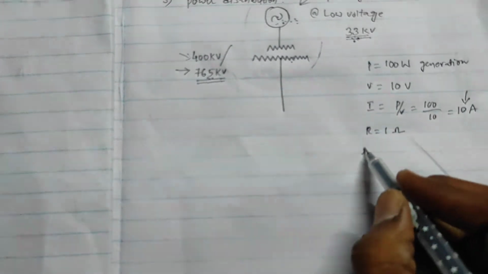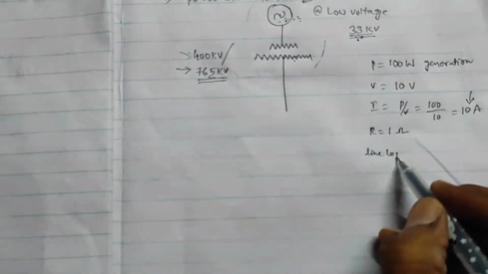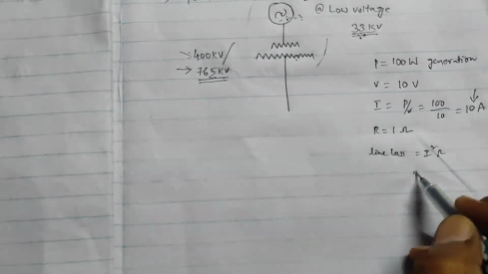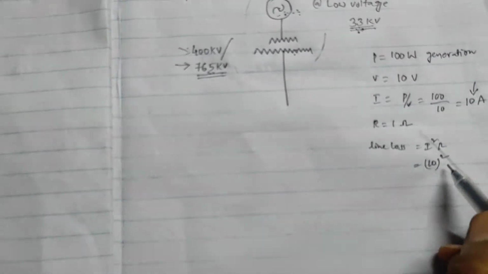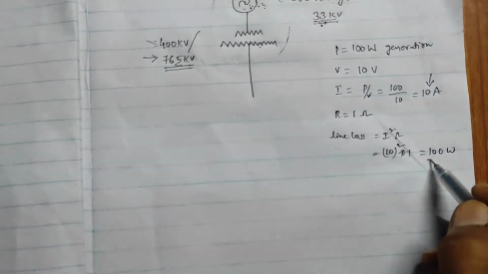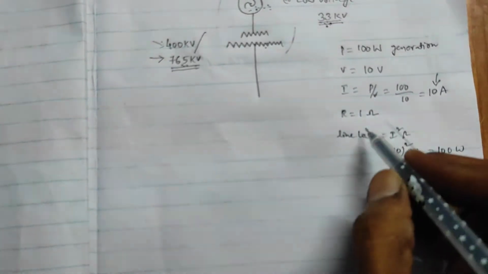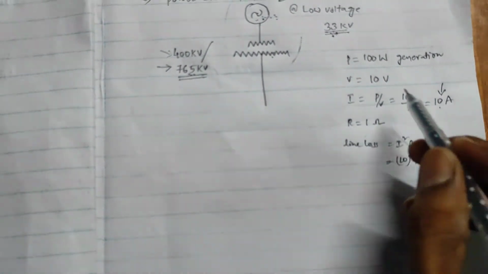The line loss, I square R, will be 100 watt. The total amount of power will be dissipated in the line itself due to this line resistance and due to the huge amount of current at low voltage.